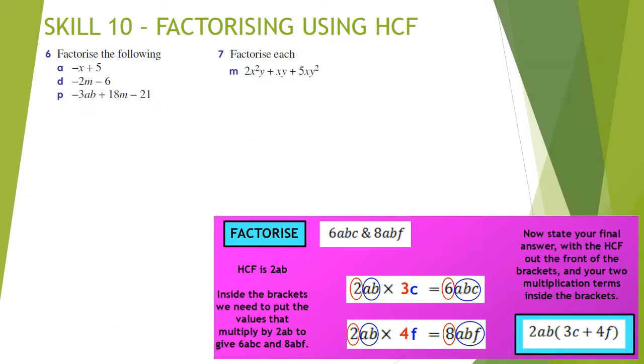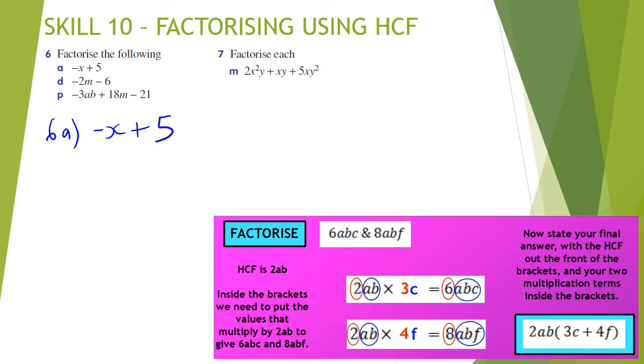Let's look at some more examples. We've got 6a, negative x plus 5. The highest common factor here could be 1 or negative 1.